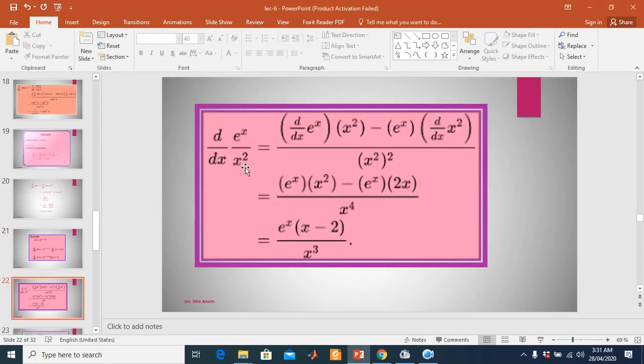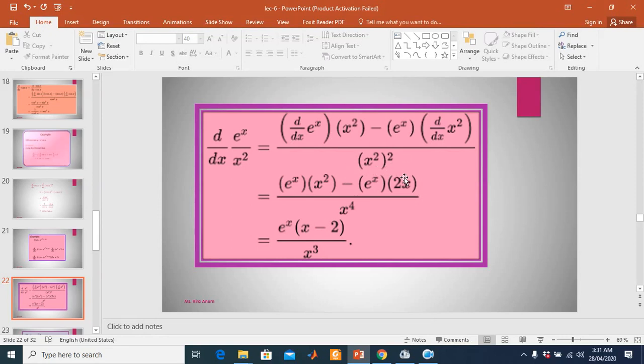Now we have an example, d over dx of e to the x over x square. We are using the quotient rule. Remember the quotient rule? The derivative of the first, second as it is, minus first as it is, the second derivative, over the second function whole square.